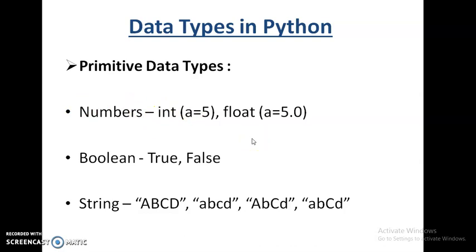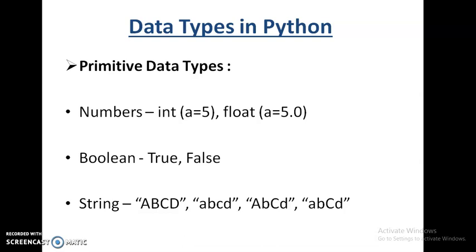Python will dynamically allocate a data type to the given variable as soon as we give some value to it.